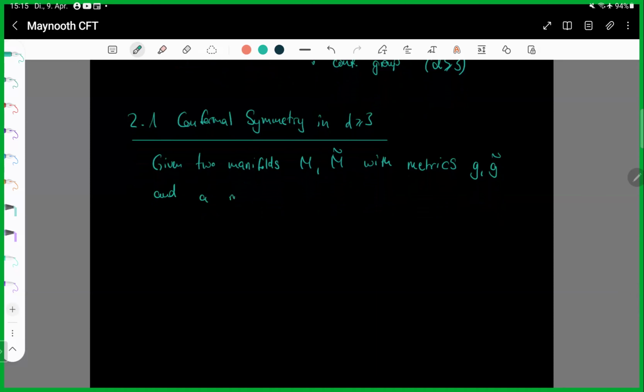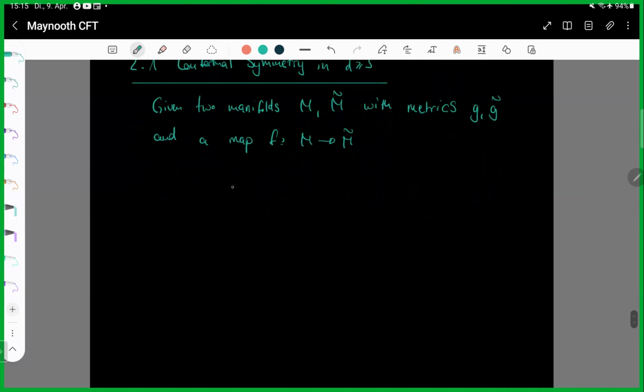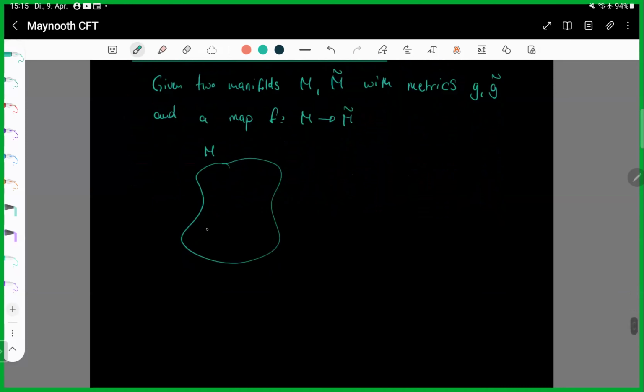So to make this sentence clear, there is a map F between these two manifolds. What you should think of is you have some blob. This is going to be the manifold M, and on this manifold you can install a set of coordinates, let's call them x^mu.